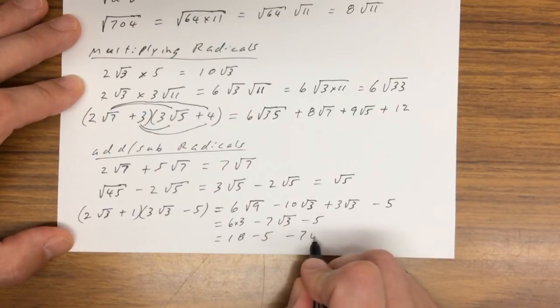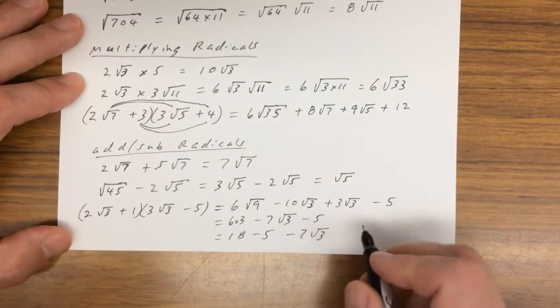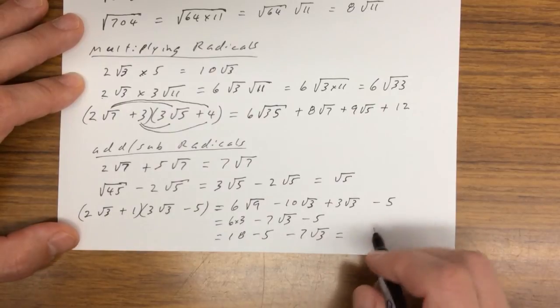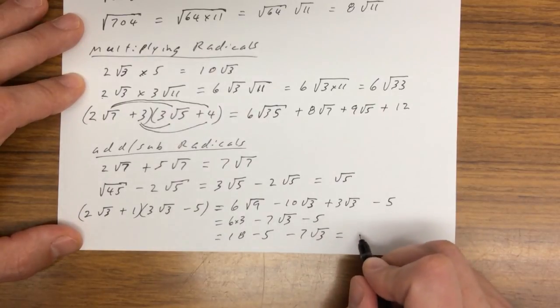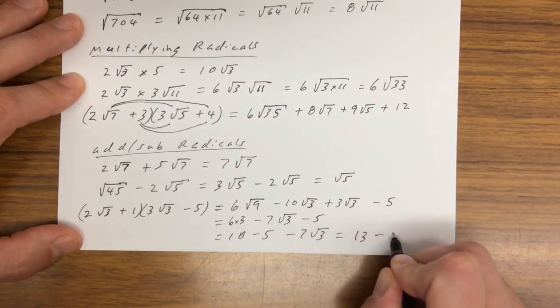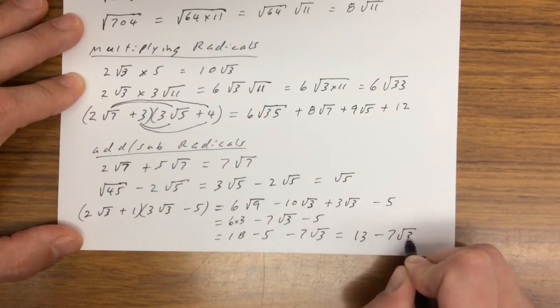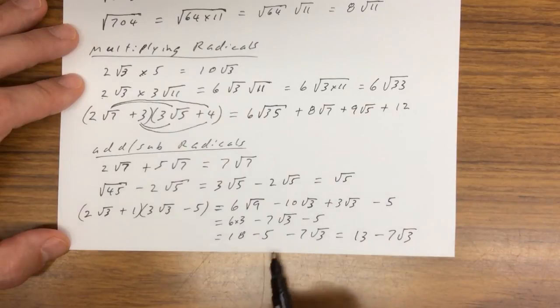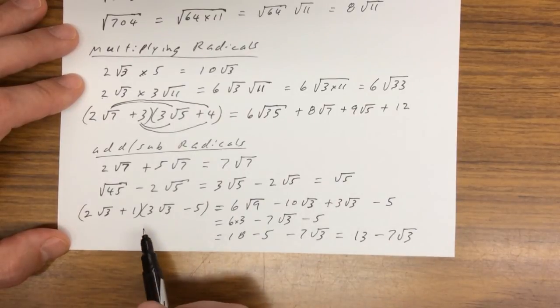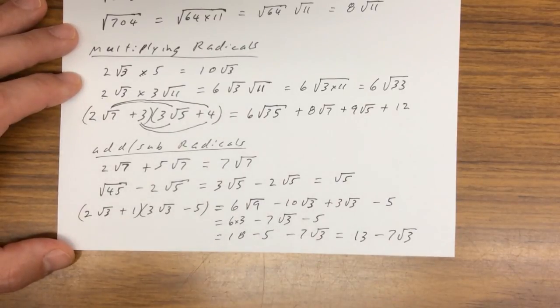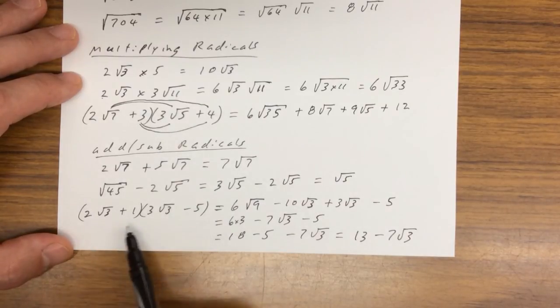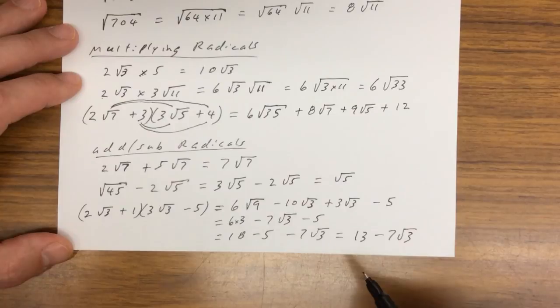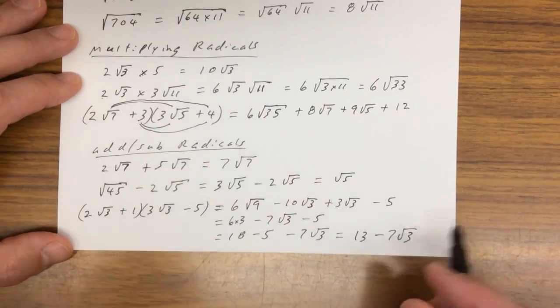Then it's totally simplified: 18 minus 5 is 13 minus 7 root 3. Okay, so that's doing some adding, subtracting, and multiplying together. So that's it for radicals. You could multiply more than two binomials, you could multiply 3 binomials together, and so on, using the same sort of rules.